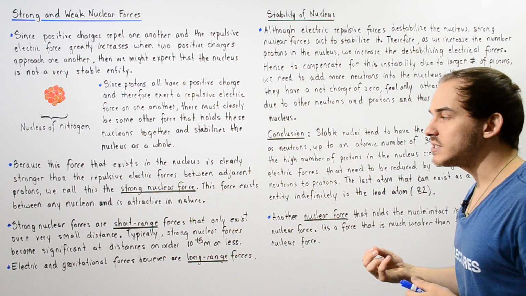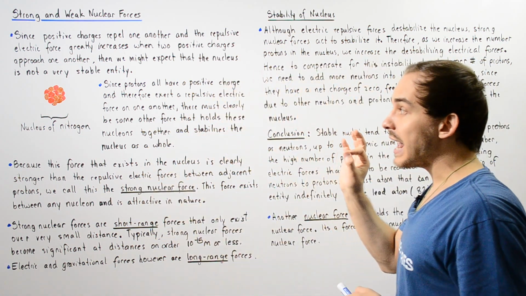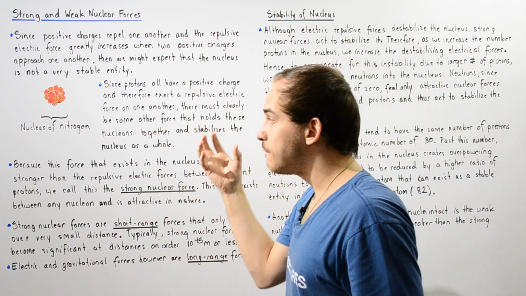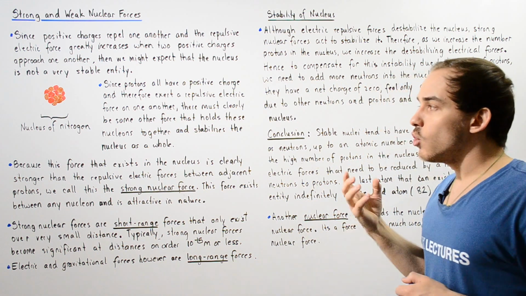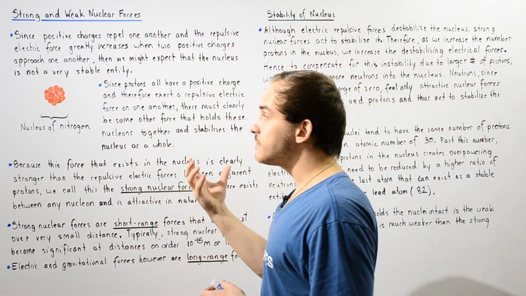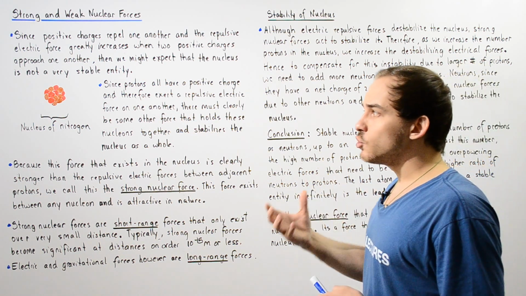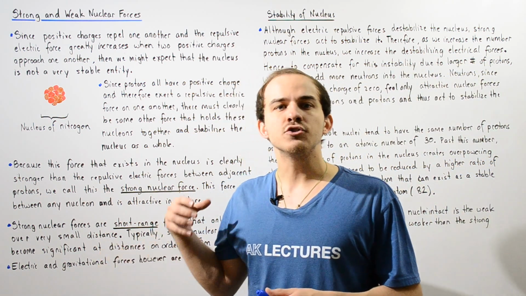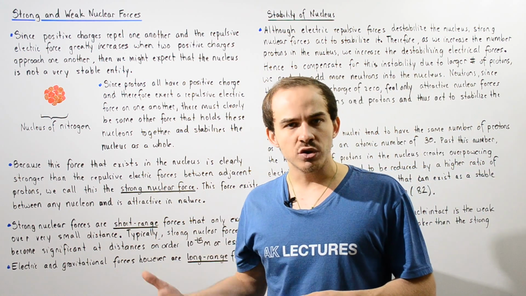These forces are commonly known as nuclear forces. And because this type of force is stronger than electrical forces, we call this force the strong nuclear force. Now, the strong nuclear force is always attractive by nature, and it exists between any two nucleons.